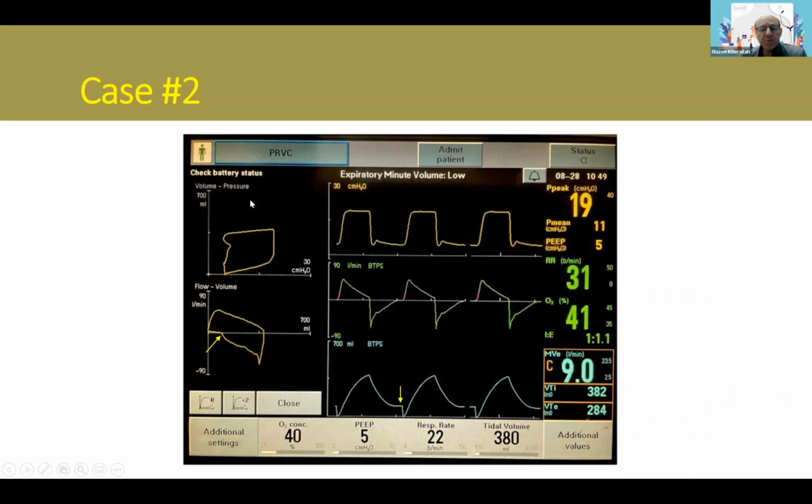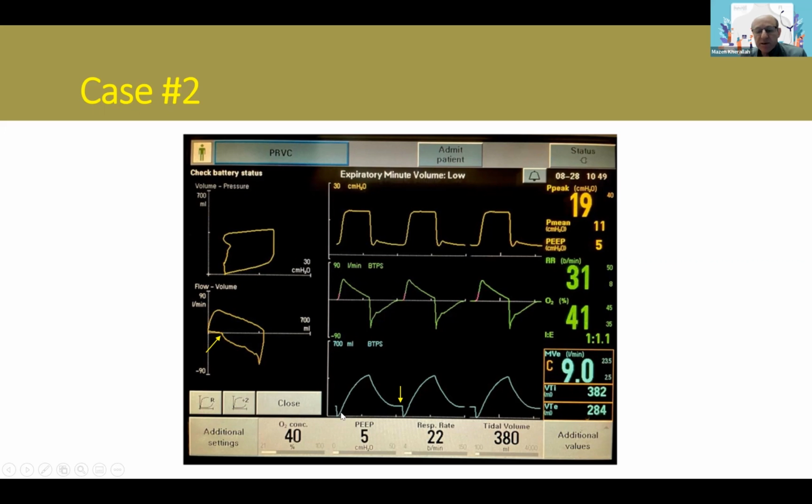Now you see the loops here, and you see the scalars here. If you go with the scalars, this is pressure control mode of ventilation, and the peak pressure is 19. This patient has a PEEP of 5. In the flow over time scalar, you can probably detect that the inspiratory volume is not the same as the expiratory volume, but you don't have to worry much about this if you cannot see it, because you see it here.